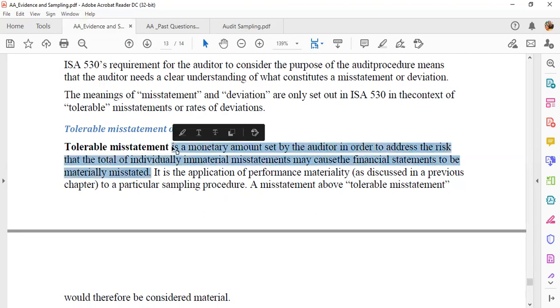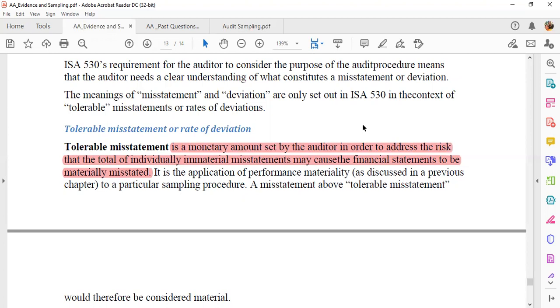So, let me still continue using this example. I can say that I expect a 10 rate of deviation. So that means that I expect 10 to be misstated, and these 10 now, they are immaterial. So anything above this rate of deviation will lead to misstatements.